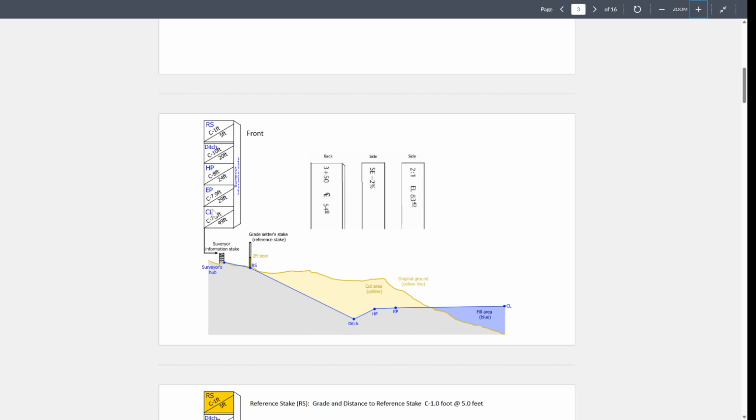So if the surveyor stake is 1,200 and we want to go out 5 feet and down 1 foot to set this reference stake, the elevation of the reference stake is going to be 1,199, because it said to cut 1 foot lower than the information and go out 5 feet. So then you'll know that elevation.